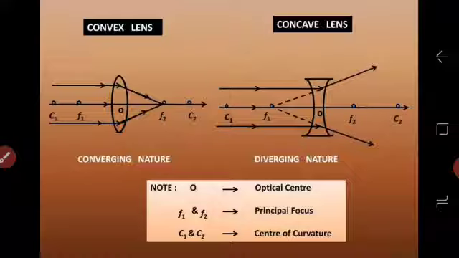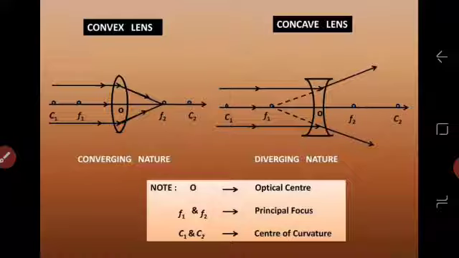So in case of a convex lens, the light rays which are parallel to the principal axis, after refraction, meet at F2. Because they are meeting at one point, we can say that the convex lens has a converging nature, meaning it is bringing the light rays to one point.